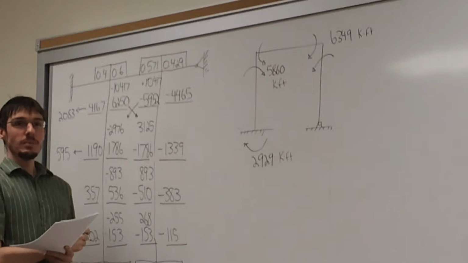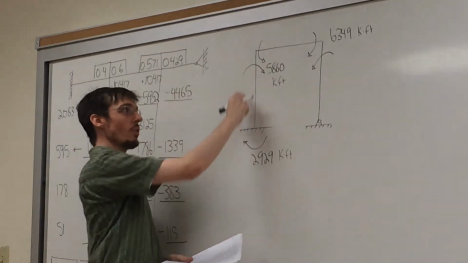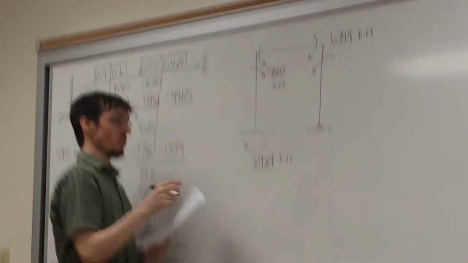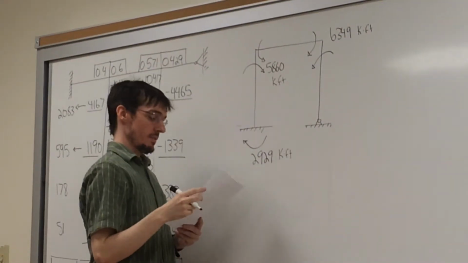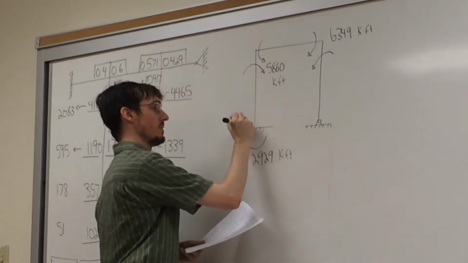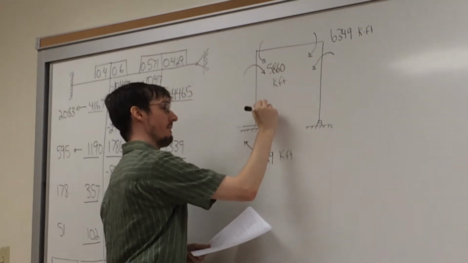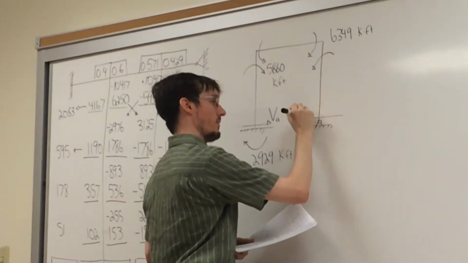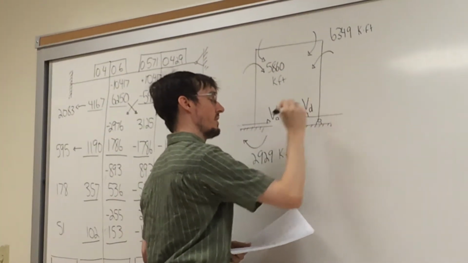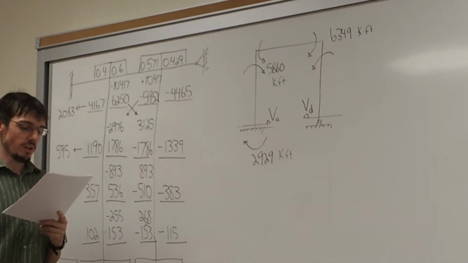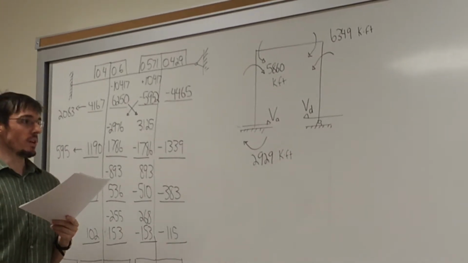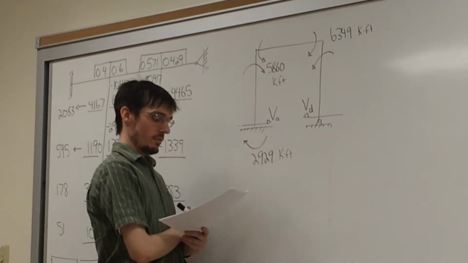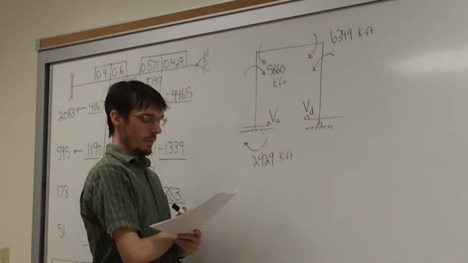So the point of this now is once we know these end moments, we can get the shears associated with these moments. So we have a shear force, let's say at joint A, and a shear force at joint D. These are, let's say, the base of our frame.